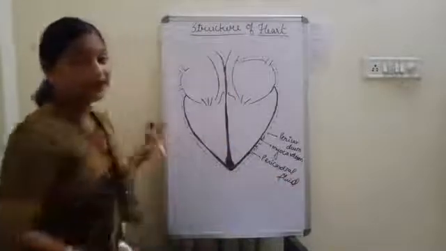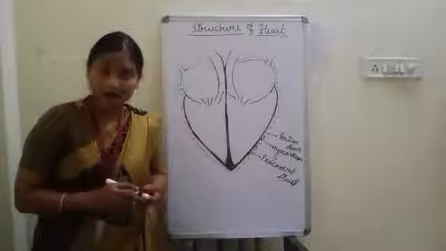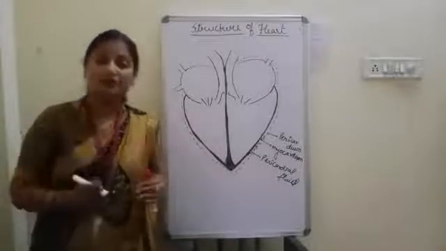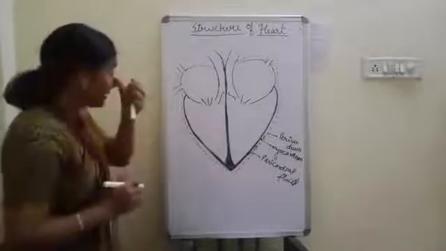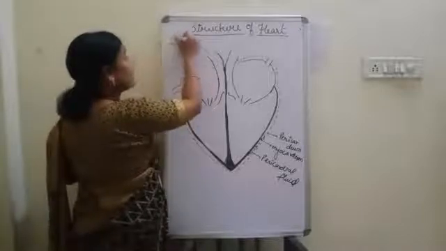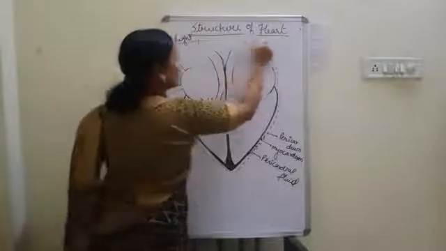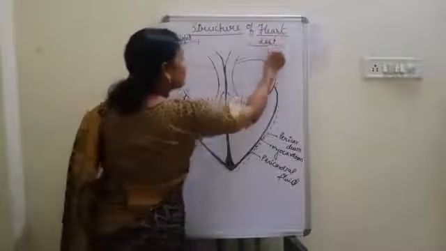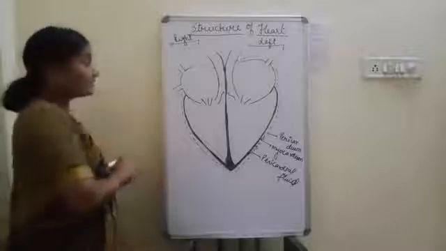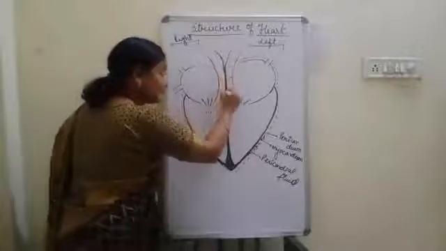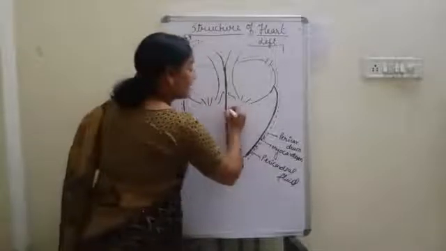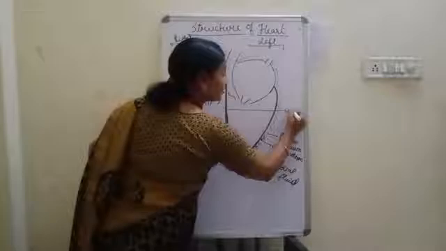Now children, we can divide our heart into 4 different chambers. Before the 4 chambers, we can see that our heart can be divided into 2. One is the right side of the heart, and this one is the left part. The right side and left side are divided by this septum.